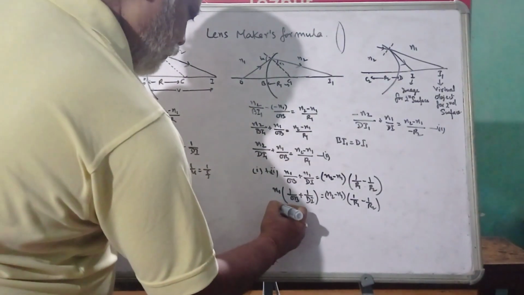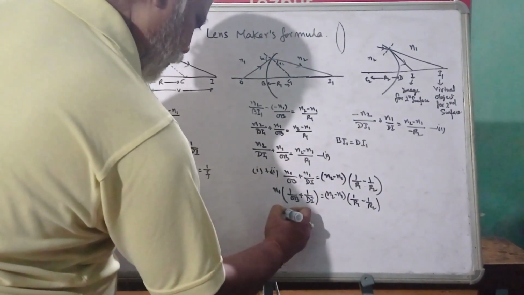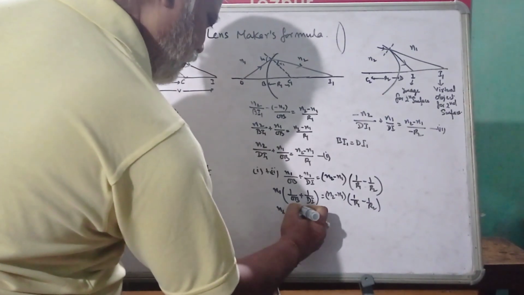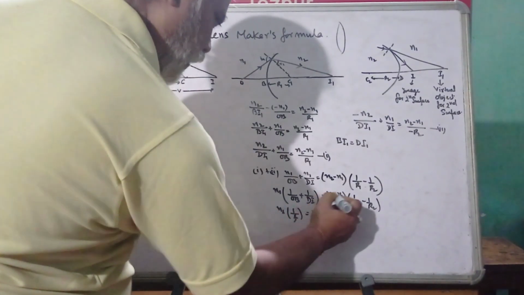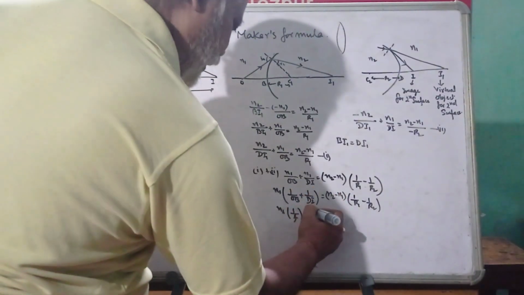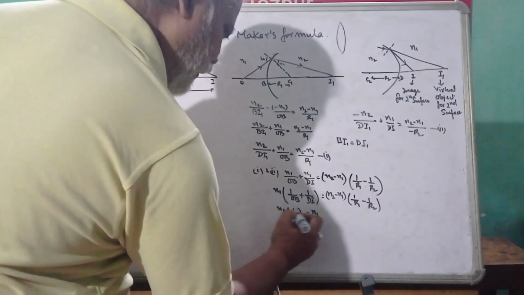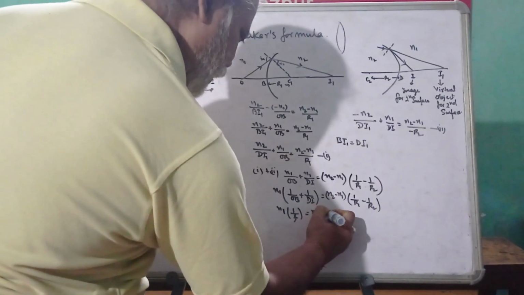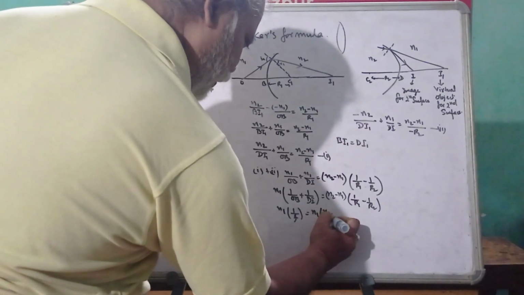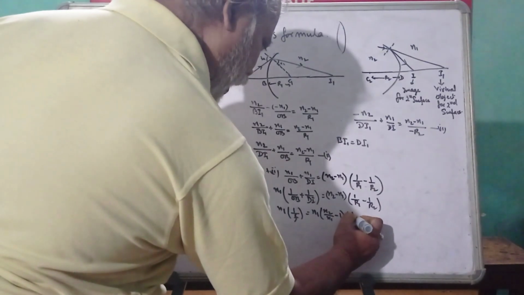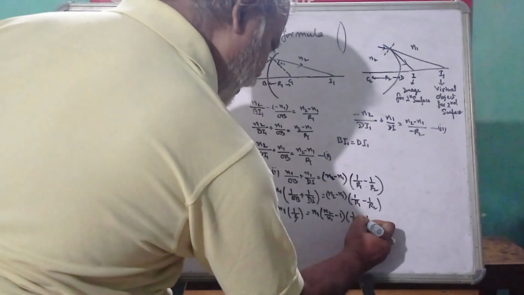So we get N1 times 1 by F, that is, 1 by focal length, equal to, now do one thing, take N1 common, so this becomes N2 by N1 minus 1 times 1 by R1 minus 1 by R2.